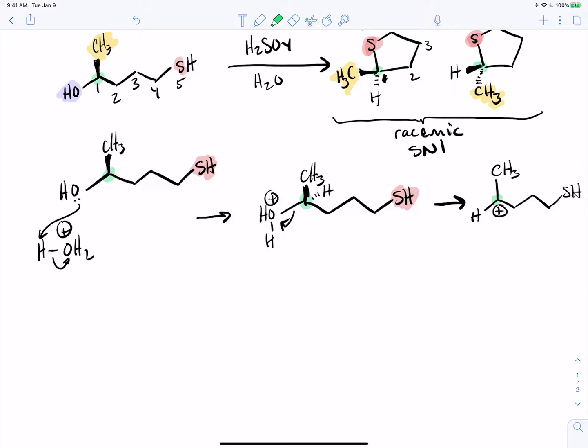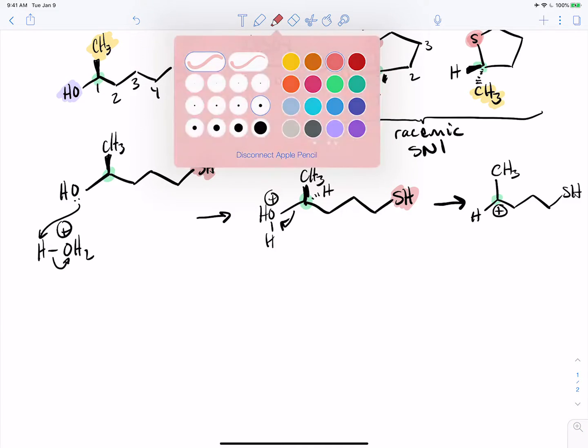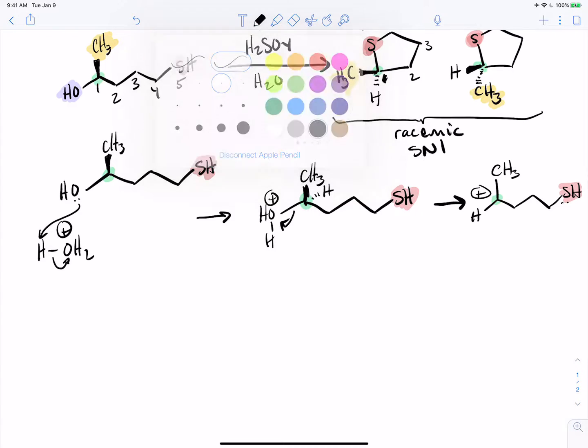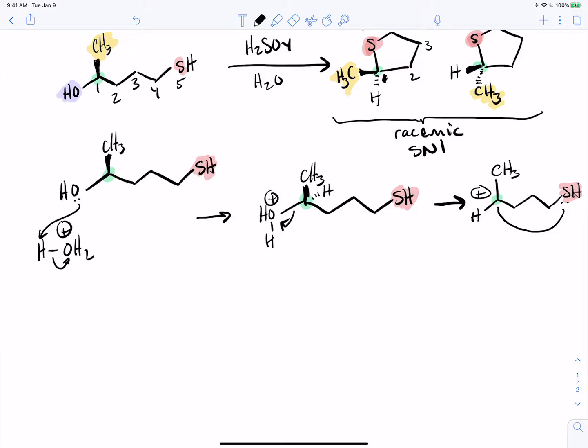All right, so then this is the part that's sort of fresh. So then that part of the molecule, the nucleophilic part, can now come in and do nucleophilic attack on the carbocation.